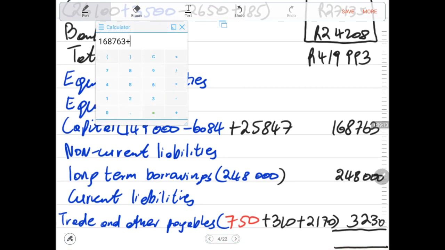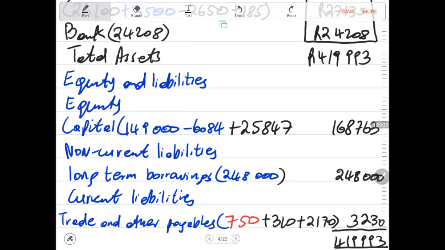So now we need to say plus our 248,000 long-term loan, plus 3,230 of the trade and other payables. We get to a total of 419,993. If this figure is the same as that figure, you get excited to jump in the exam and to scream. They won't take you out.